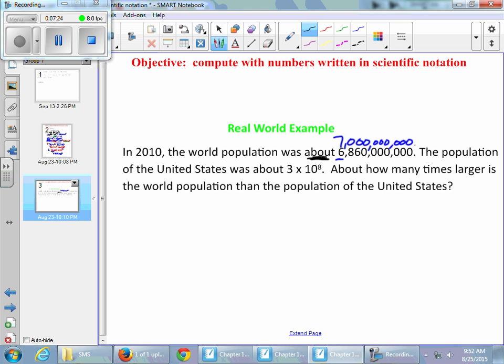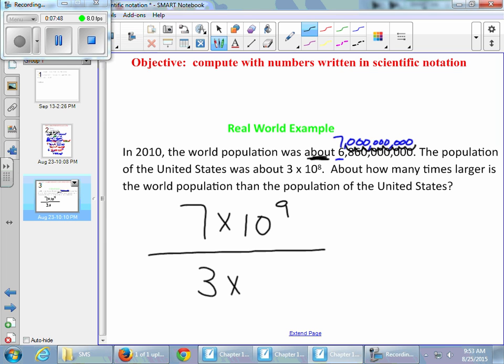Remember, there's always a decimal there. So 2, 3, 4, 5, 6, 7, 9. So the world population is 7 times 10 to the 9th power. And the United States is 3 times 10 to the 8th. We are going to divide them. When we have a division problem, all we do is we separate them out again.